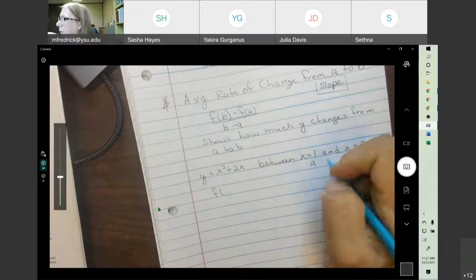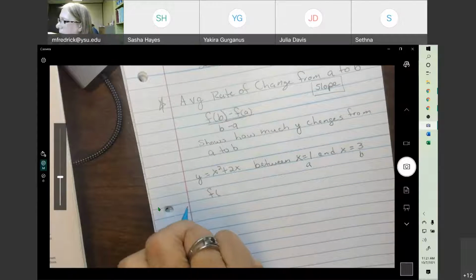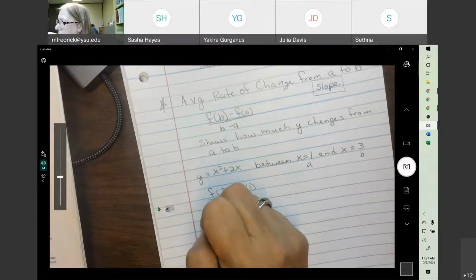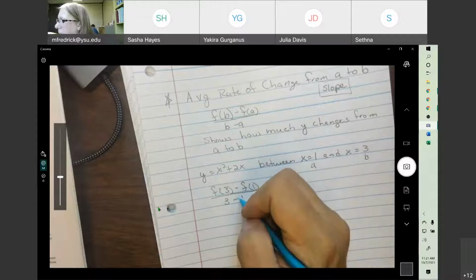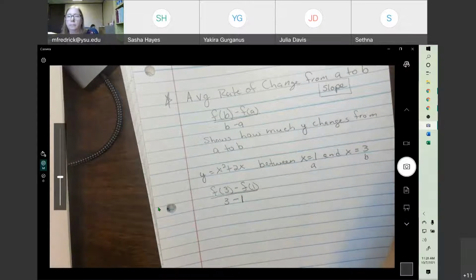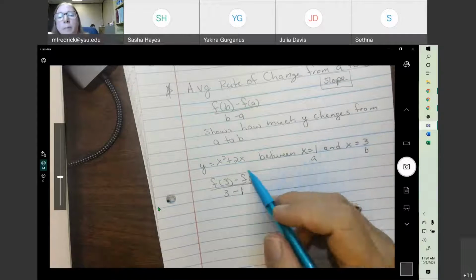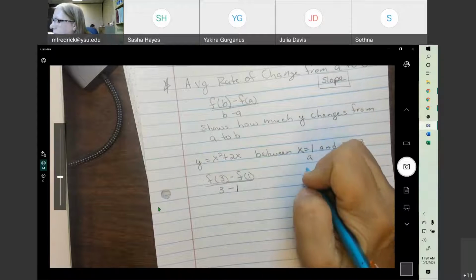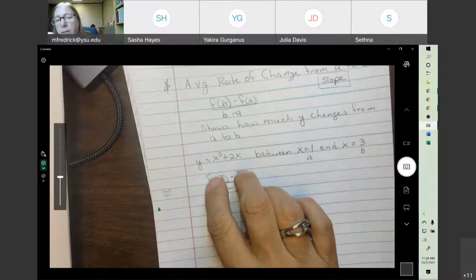A is your smaller value and B is your larger. So it's f of 3 minus f of 1 over 3 minus 1. Remember, these are just y's. You just plug them in here. If you want to do them off to the side, you can, or you can plug them in here.